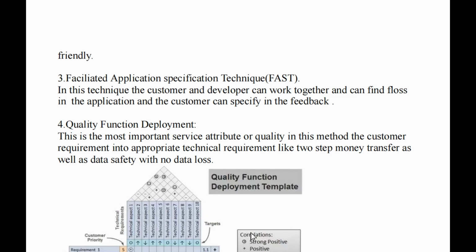Number three, facilitated application specification technique. In this technique, the customer and developer can work together and find flaws in the application, and the customer can specify them in the feedback.